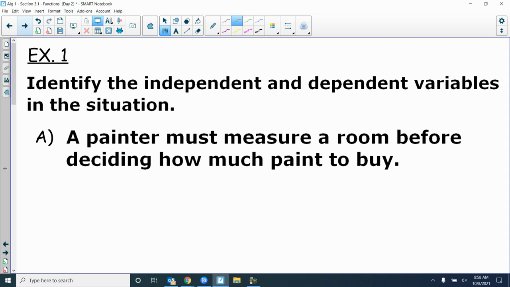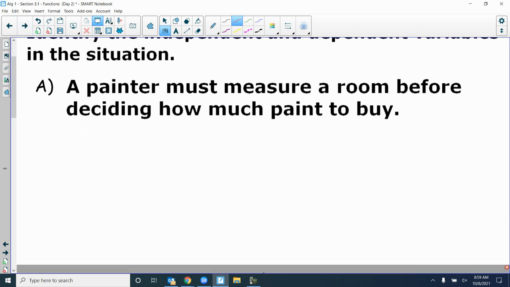So a painter must measure a room before deciding how much paint to buy. Kind of what are the two things we're dealing with? Let's see if this is sinking in at all. What are the two things we're dealing with? Maddie? The measurements of the room and how much paint. Yeah, those are our two. That's very good. One of them has to be independent, one of them has to be dependent. So let's just list those.